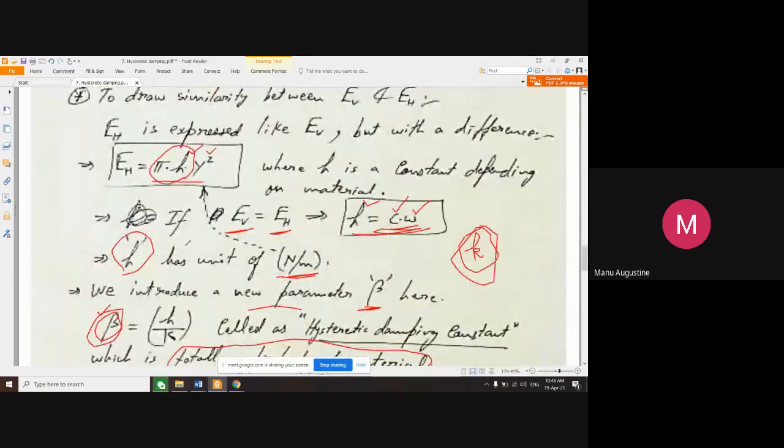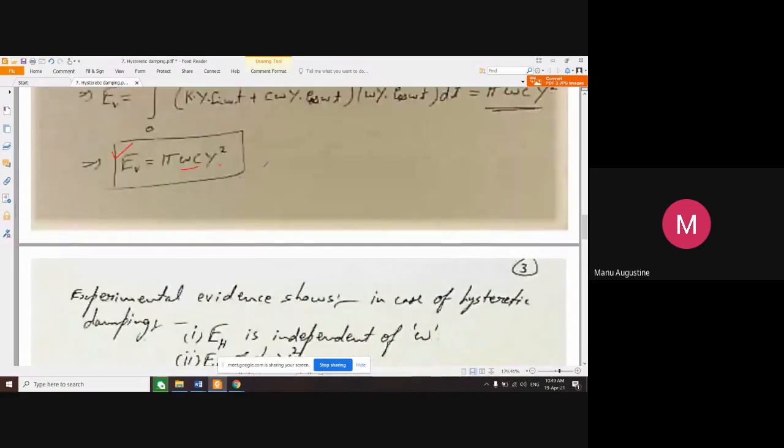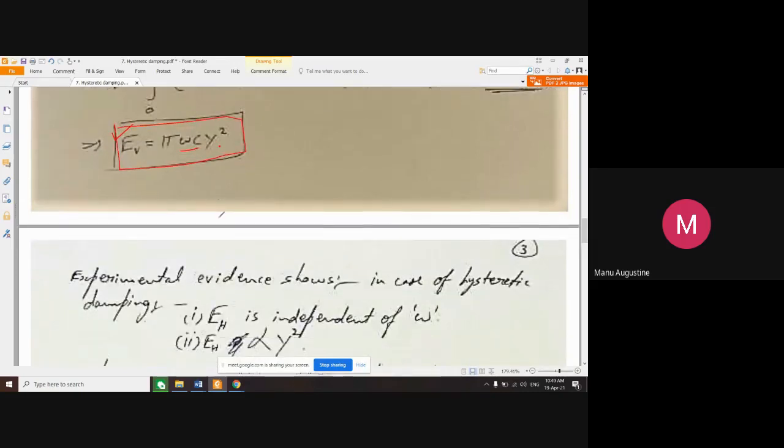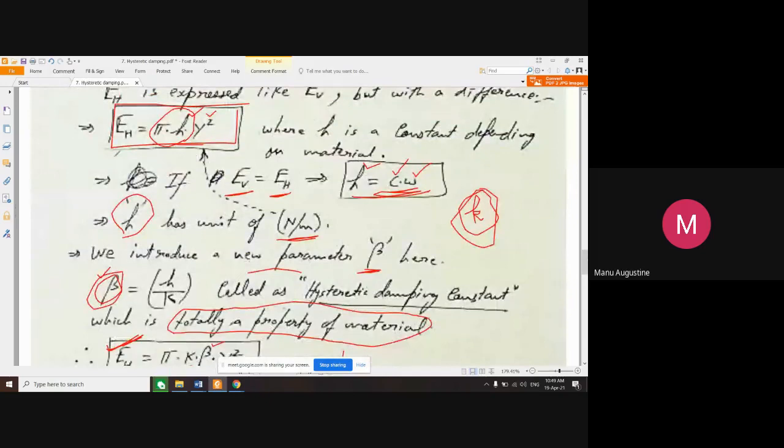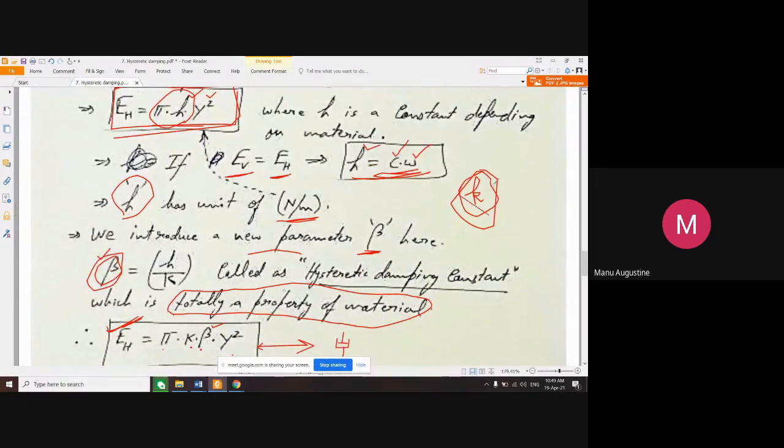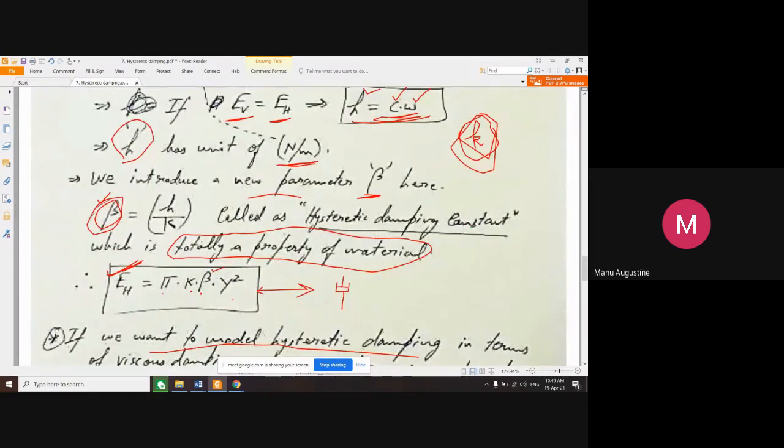Come here and write just this much: equivalently, if we treat the energy lost in hysteresis damping as that of viscous damping, then remember this expression of viscous damping and this expression of hysteretic damping. Then H equals c omega came, but you wanted to introduce k, so you introduced a new constant beta, and this is what you call the hysteretic damping constant.